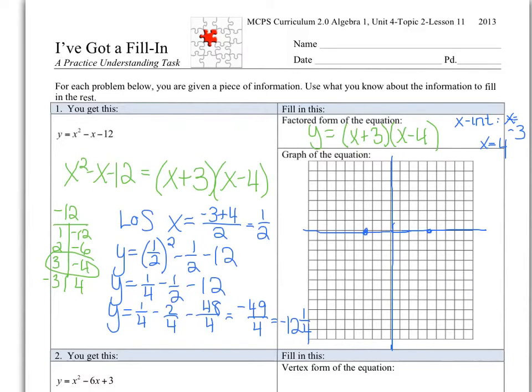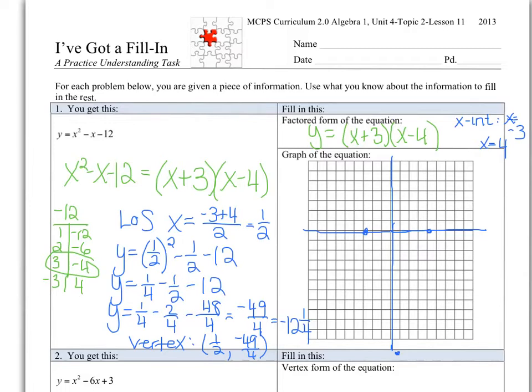So I'm going to go to where my vertex is going to be, 1/2, comma, negative 49 fourths, which is negative 12 and 1/4. So I'm going to go down 1, 2, 3, 4, 5, 6, 7, 8, 9, 10, 11, 12, and 1/4. I did not make my graph big enough, but that would be right there.